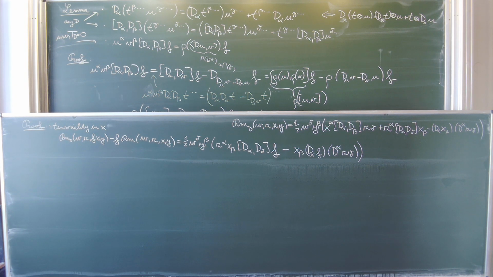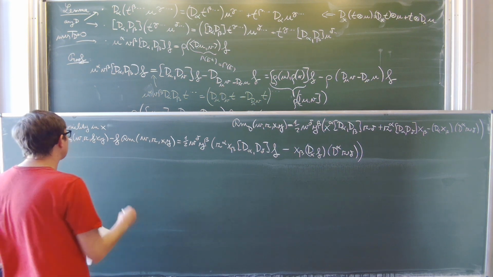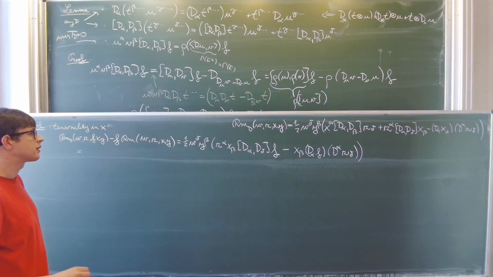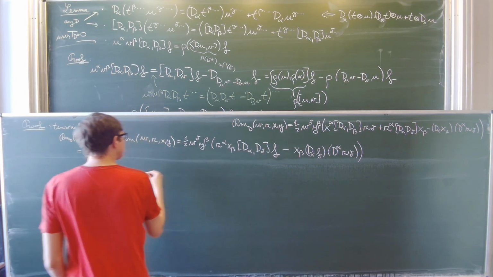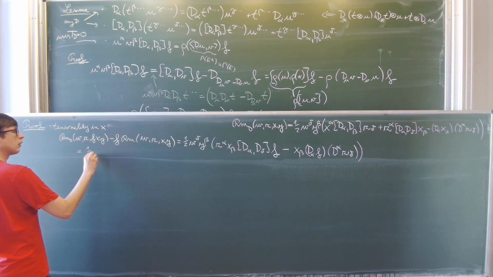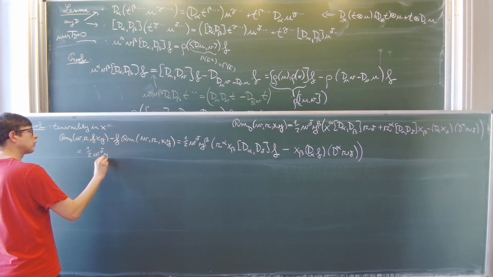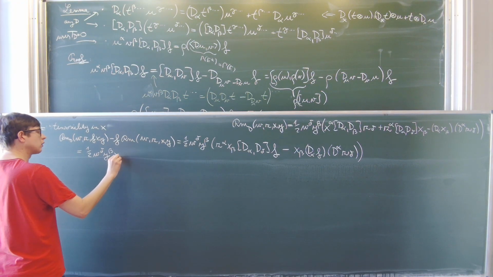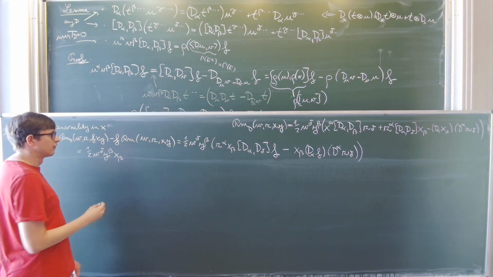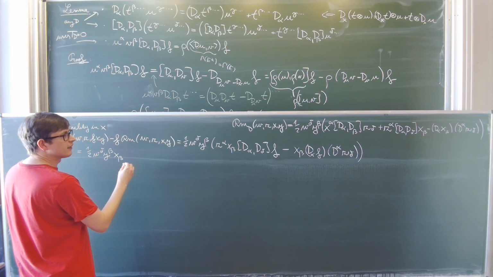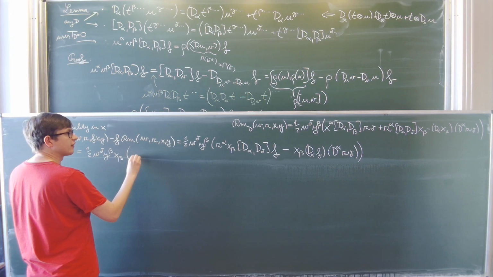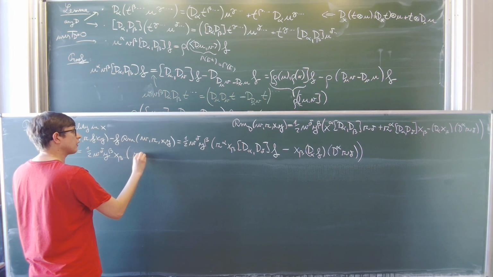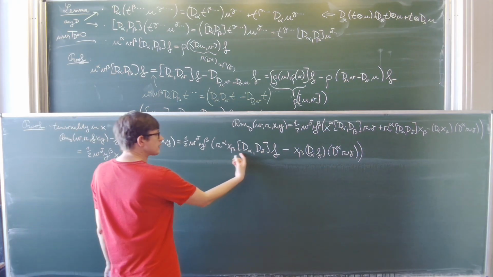Why is this 0? We can take x beta out of this. And here we have z alpha, and we know what this is.